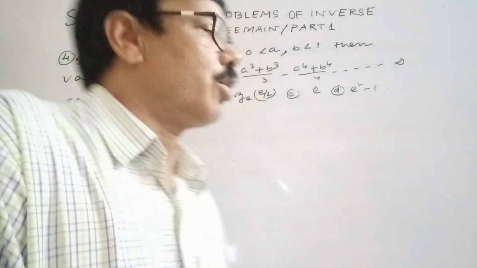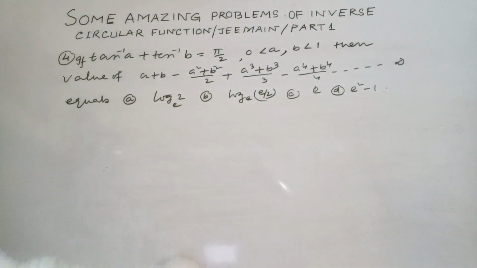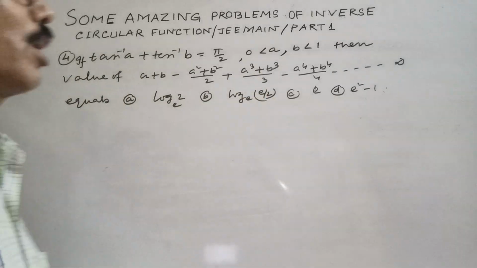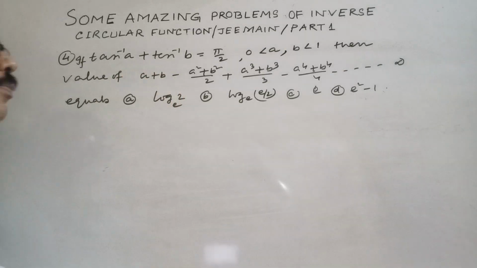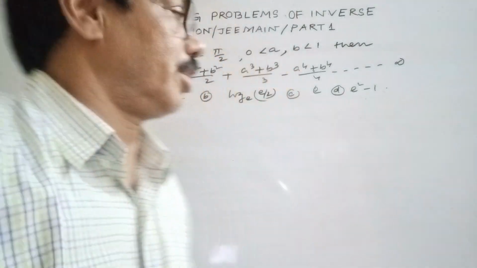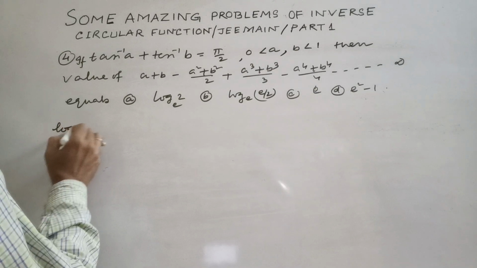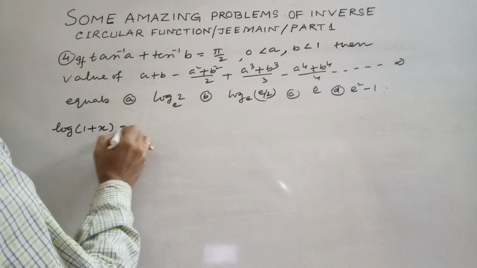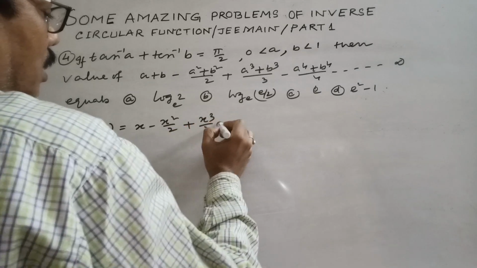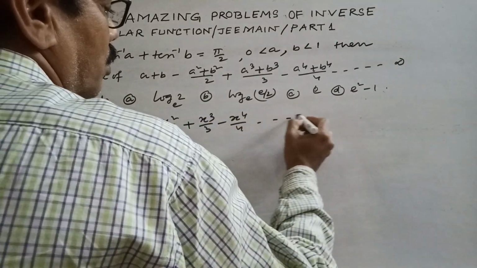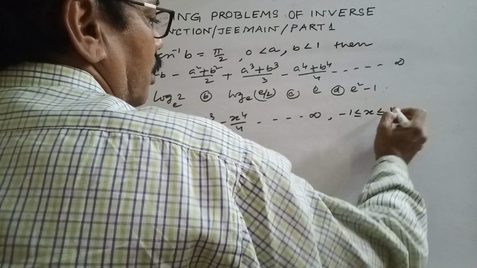Now we consider one more problem. This is also a mixed problem of inverse circular function and logarithmic series. To solve this problem, you should know the log series. So try to recall log 1 plus x. This is x minus x square by 2, x cubed by 3 minus x to the power 4 by 4 dot dot infinity.